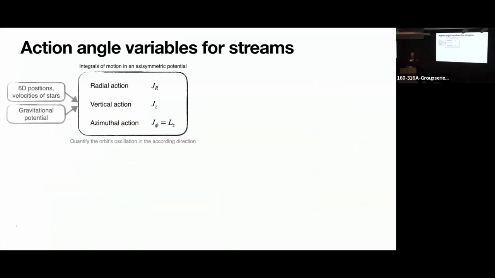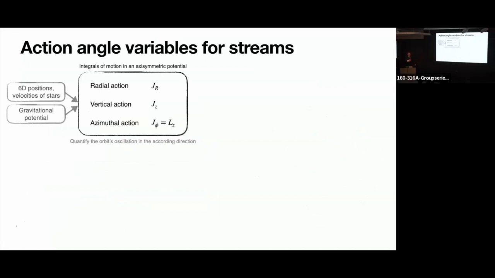But I did promise these scary action variables, so I'm going to have to talk about them. To try and cover this in one slide is a bit of a beast, but I'll give it a go. You start with your normal phase space, so 6D positions and velocities, and then you have to make some assumptions about the gravitational potential of the Milky Way. Then you are essentially doing a coordinate transform from phase space to action space.